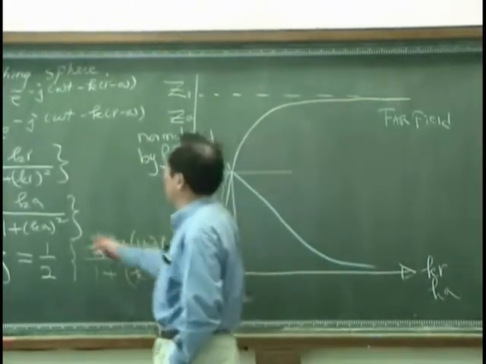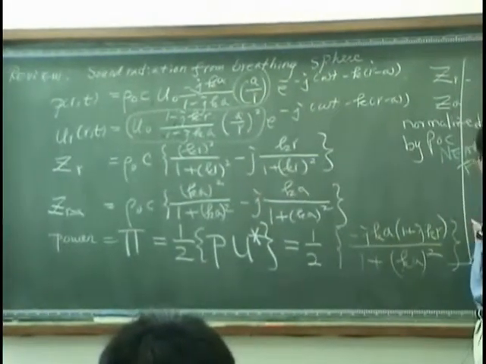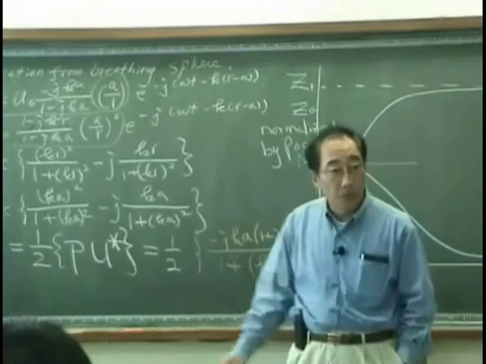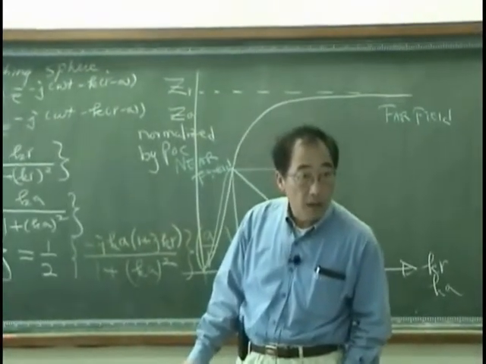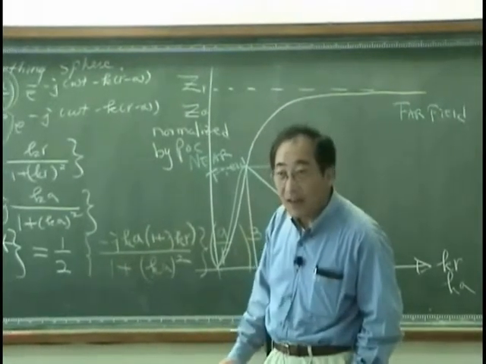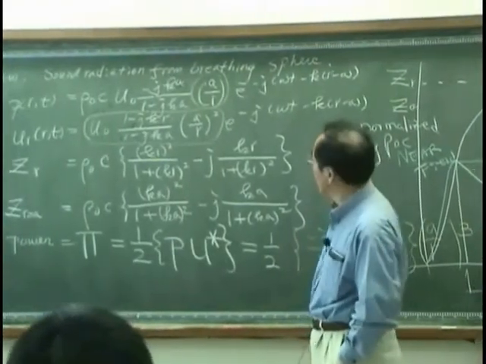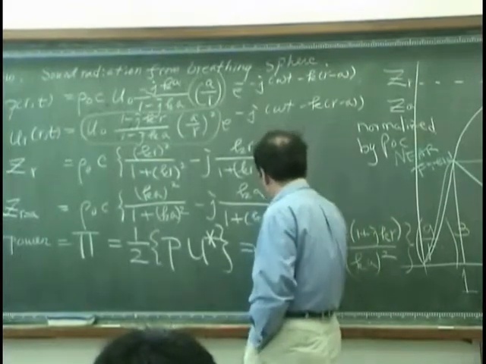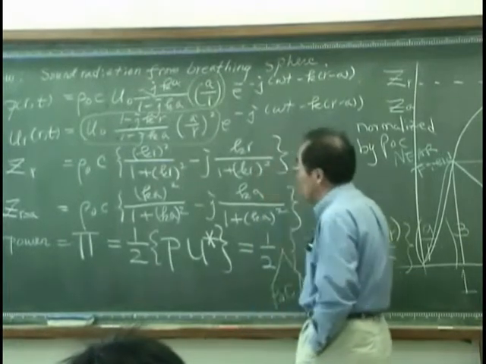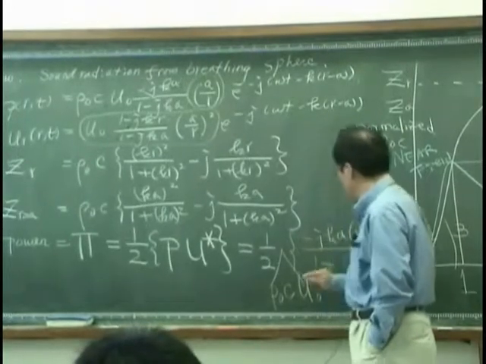Okay, A divided by R, A divided by R, so we have A over R to the cube, all right, and rho 0 C, U 0 square.